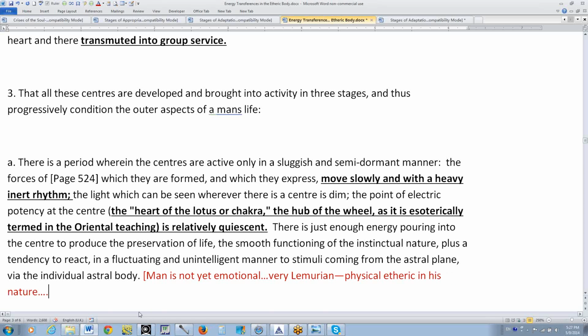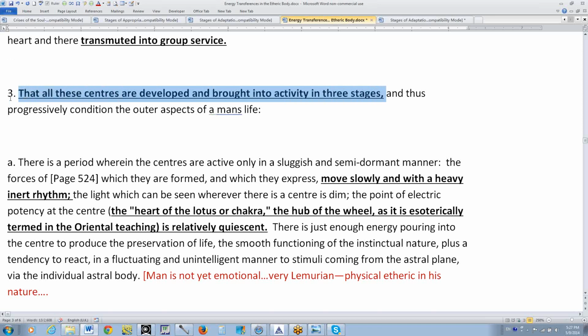So some of the etheric chakras will begin to carry, in a spasmodic or fluctuating manner, energy from the astral plane. And these are the 3 stages of development. Now, obviously, we're talking about activity that's going on very much within the first petal, especially within the first petal, which tells us something about Lemurian man. It's the knowledge petal.